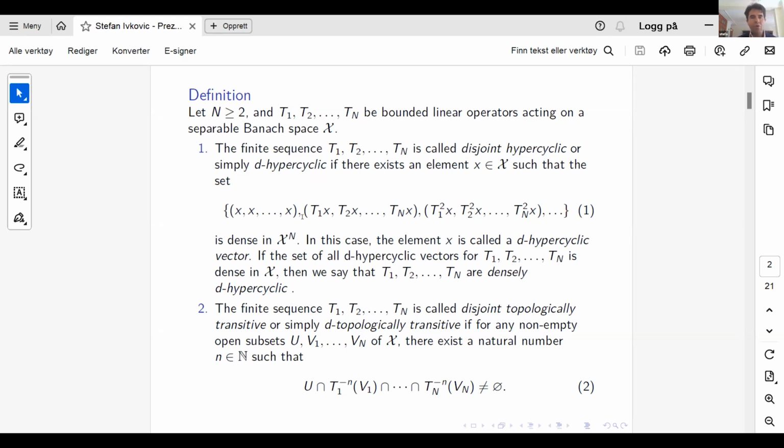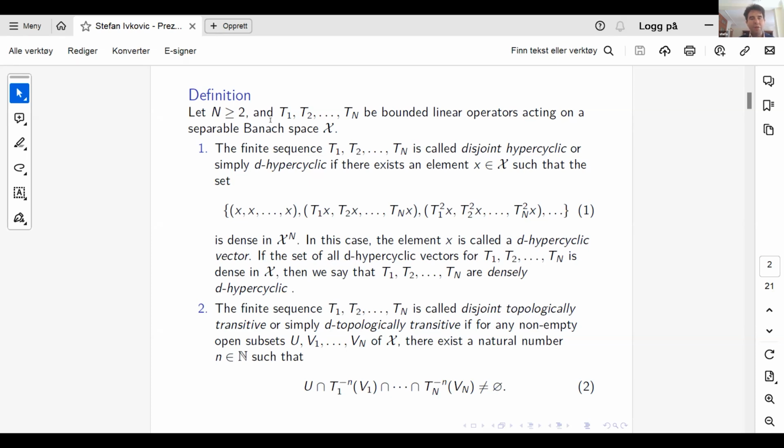However, this concept works only for separable Banach spaces. On more general topological vector spaces, we have another notion which we call disjoint topological transitivity. This simply means that for any non-empty open subsets U, V1 up to Vn of X, there should exist a natural number n such that this intersection is non-empty.